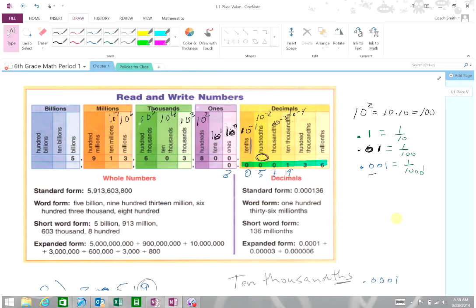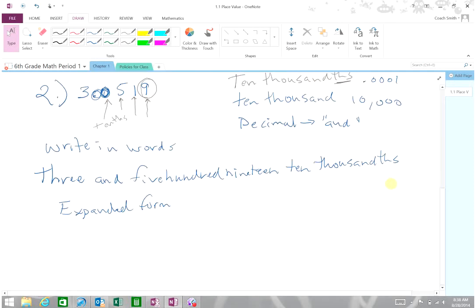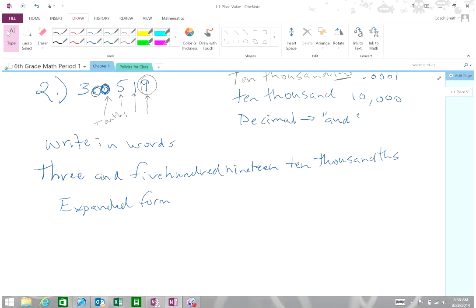Now, if I wanted to write this number, 3.0519, in expanded form, the expanded form for that number would be the 3. Is there any zeros in the 1's place value? We just discussed it. No, there's not. So I put 3 plus, the next number is 0. I don't need to include 0. 0 is not worth anything.